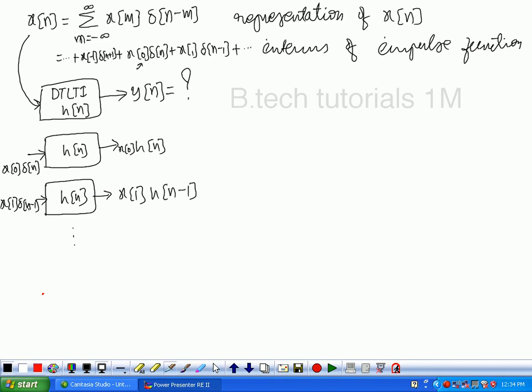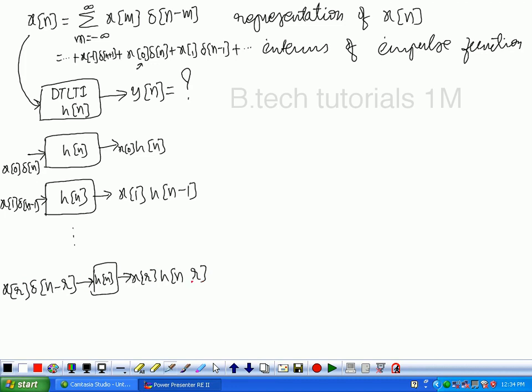And so on. Take some r: x of r into delta of n minus r, the rth term. This will be given to the system, and the system will produce x of r into h of n minus r.